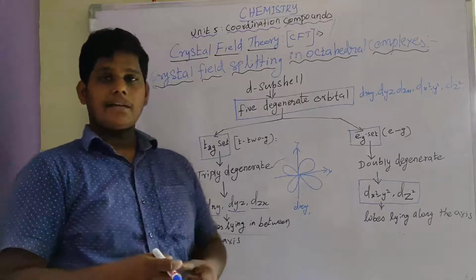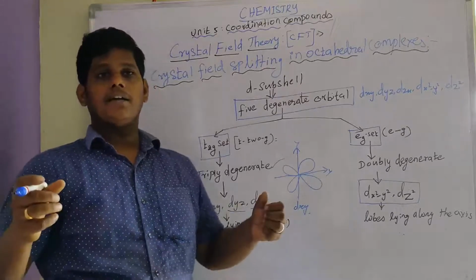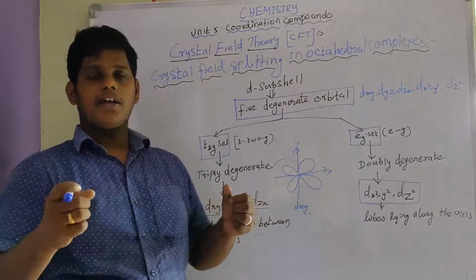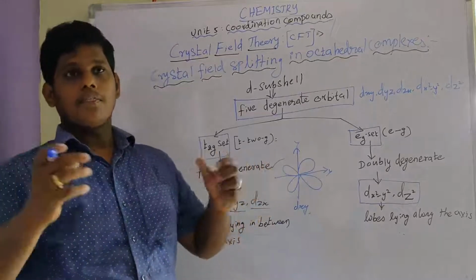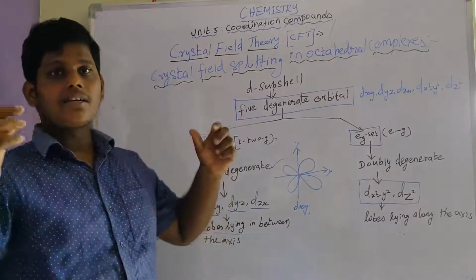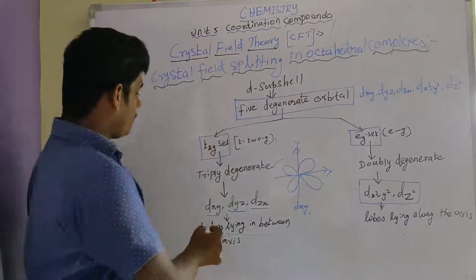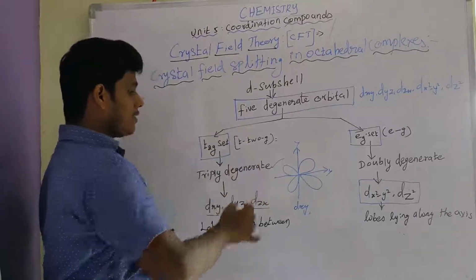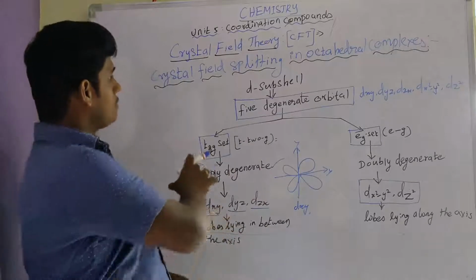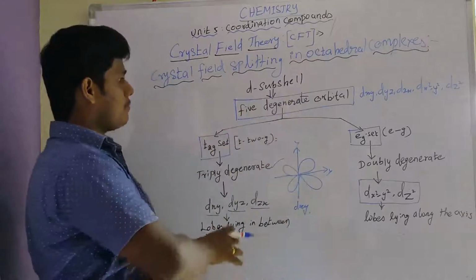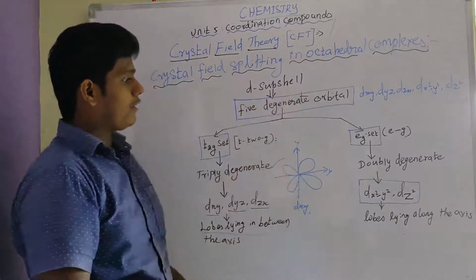So the repulsion is very high, strong repulsion, and the energy is increased. That means greater energy compared to the dxy, dyz and dzx orbitals. These are the important points of crystal field splitting.